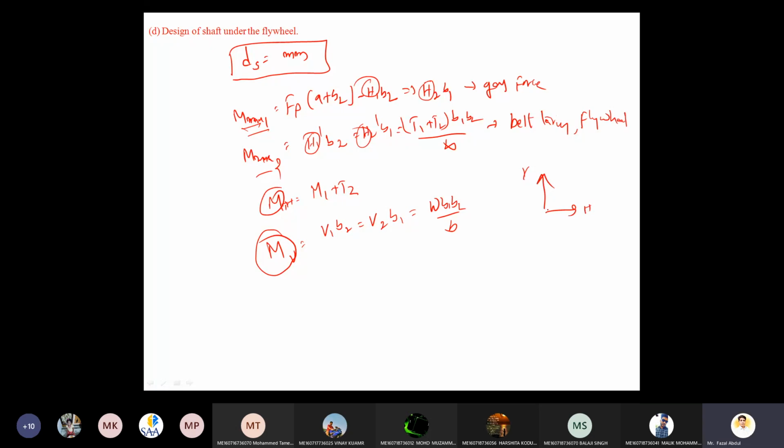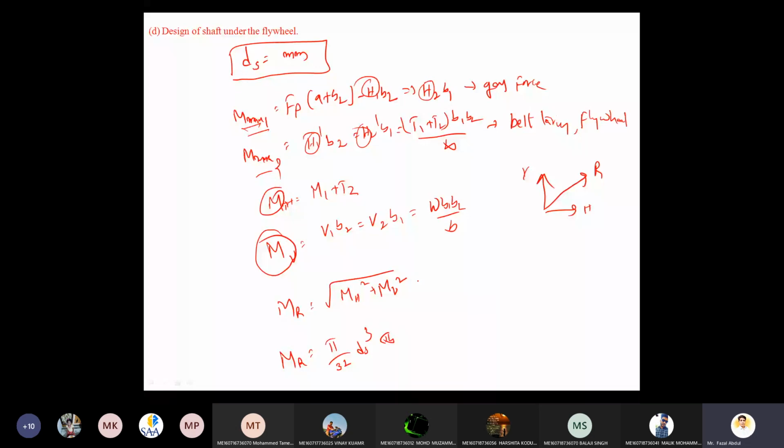Now what is the resultant here? That is R. The resultant bending moment is the square root of M horizontal square plus M vertical square, isn't it? We also know that the resultant bending moment for the shaft subjected to bending is pi by 32 into ds power 3 into sigma b, the bending stress.